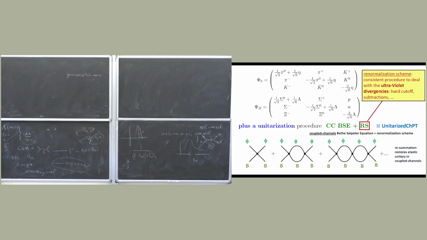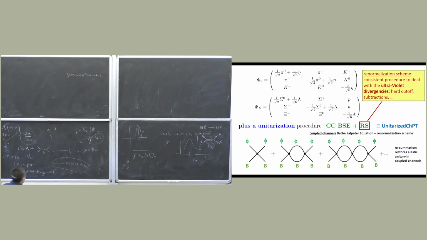And the parity is minus. In principle, if I look at the cross section of N K-bar going to N K-bar, I may see something.